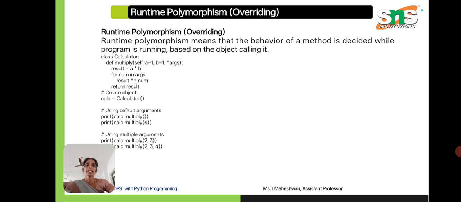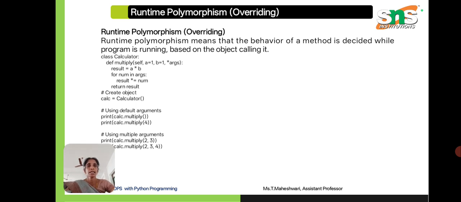And then I am printing calc dot multiply. Here I am calling the multiply function with the help of the calc object. Once I want to call a method from the class, I need the help of objects. That is why it is calc dot multiply. This is the way we call a function in Python programming.